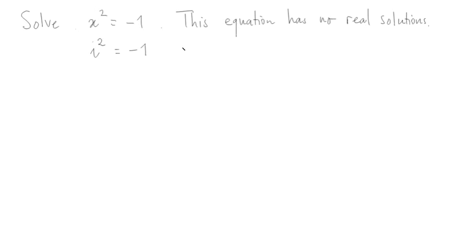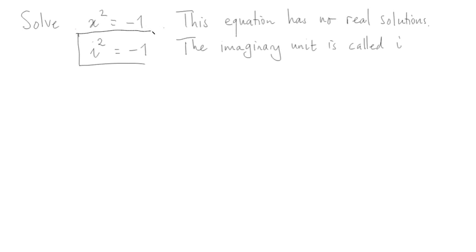We call i the imaginary unit, and it's defined by the square of i being negative 1. This is a rather strange number which doesn't seem to have any practical use, but it actually turns out that it does. But now we have a tool whereby we can solve these types of quadratic equations.